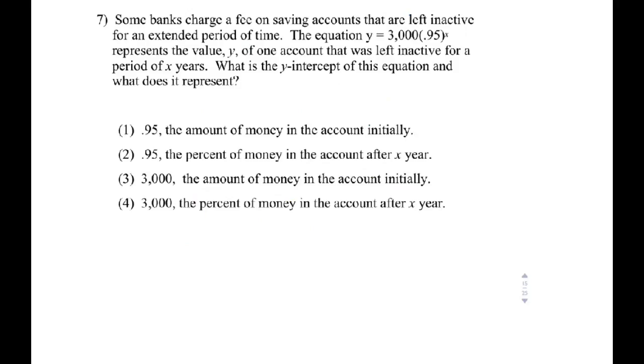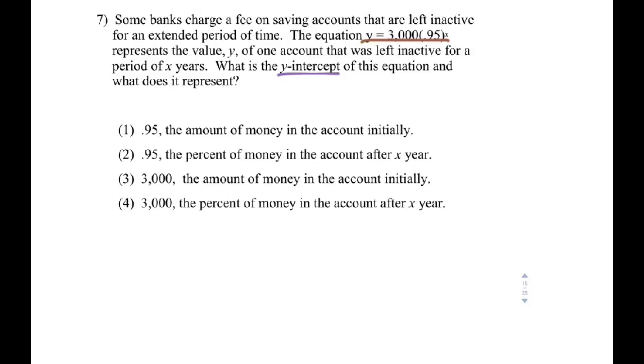Some banks charge a fee on saving accounts that are left inactive for an extended period of time. The equation y equals 3,000 times 0.95 to the power of x represents the value y of one account that was left inactive for a period of x years. What is the y-intercept of this equation, and what does it represent?